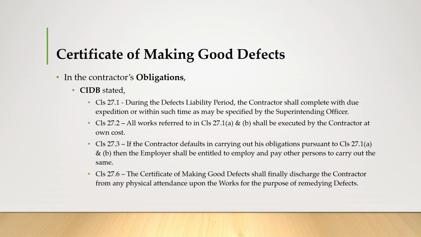In clause 27.3, if the contractor defaults in carrying out his obligation pursuant to clause 27.1a and b, the employer shall be entitled to employ and pay other persons to carry out the same. In clause 27.6, the certificate of making good defects shall definitely discharge the contractor from any physical attendance upon the works for the purpose of remedying defects.